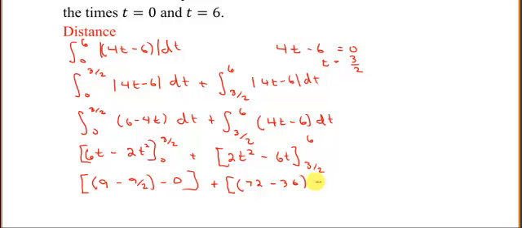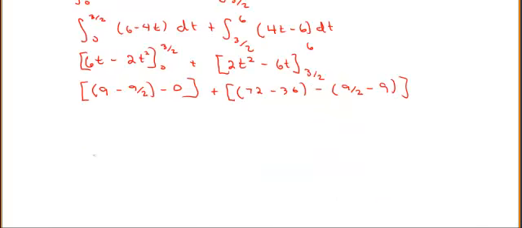Minus, when I evaluate this at 3 halves, I'll have 9 fourths times 2 is 9 halves, minus 9, 6 times 9 halves is 9. So this is going to be 9 halves minus 9 halves, minus 0, still 9 halves. So plus, in here I'll have 72 minus 36 is 36.